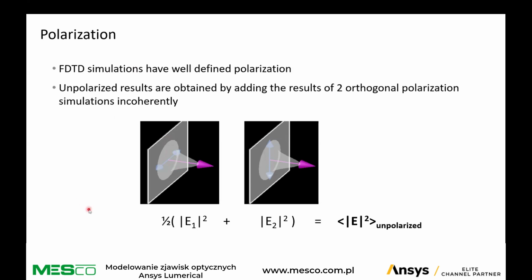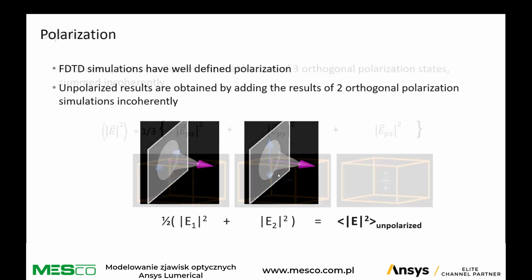Similarly, as we did for the incoherent results, we just need two simulations with orthogonal polarizations. Typically, we use 0 degree and 90 degree. And then we do the incoherent average of these two simulations to get the unpolarized results. Only two simulations for this kind of source with a Gaussian beam.